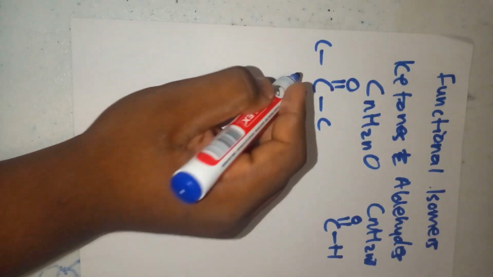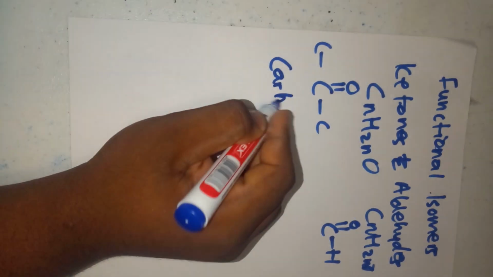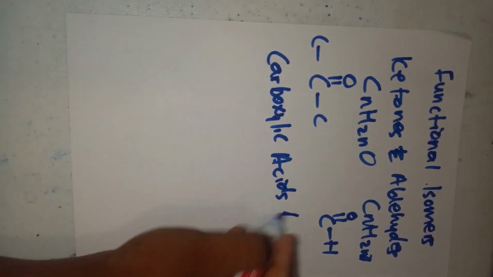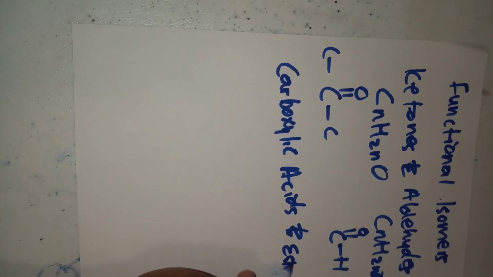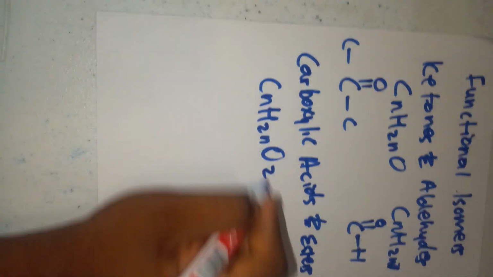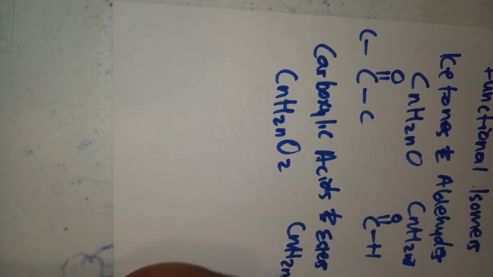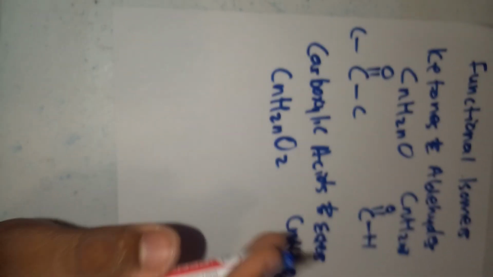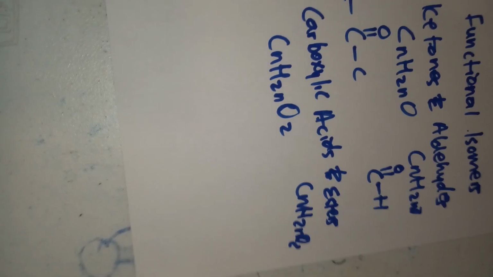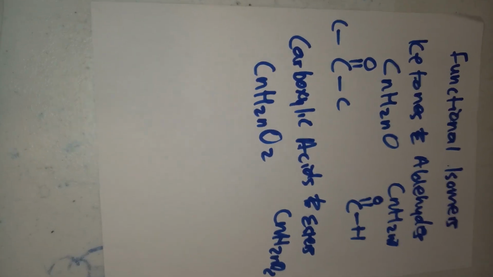And again, the last ones, carboxylic acids and esters, they have the same molecular formula, and they have different functional groups. That's all with the isomers, guys. I hope you enjoyed.